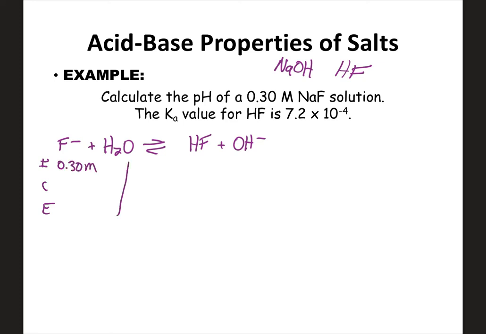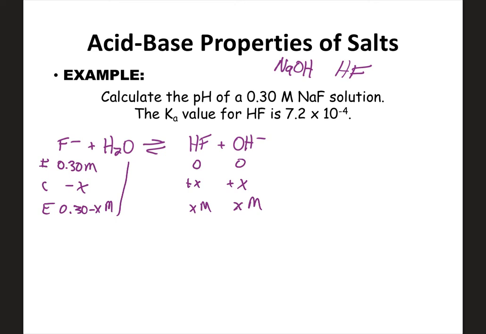It's not going to participate in the equilibrium. Both of your products initially are going to be 0. So our reactant's going to be losing some value of X. Both products are gaining some value of X here. And when you set up your equilibrium values, you have 0.30 minus X molar, and both of your products are going to be X molar here.